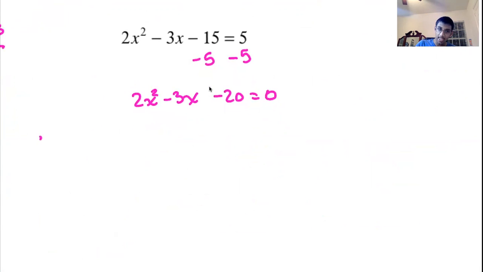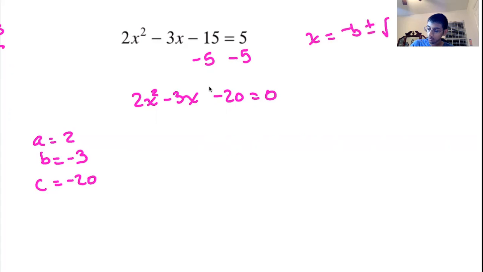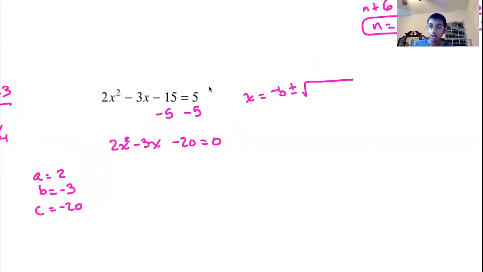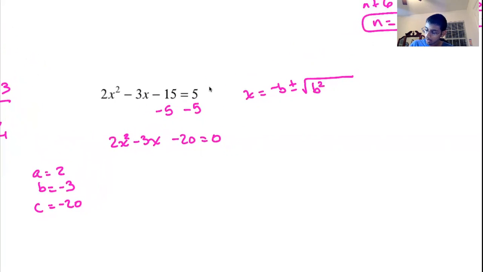So off the bat, we know that a is equal to 2, b is equal to negative 3, and c is equal to negative 20, right? So then I'll write down my formula again. X is equal to negative b plus or minus the square root of b squared minus 4ac, all over 2a. Good.